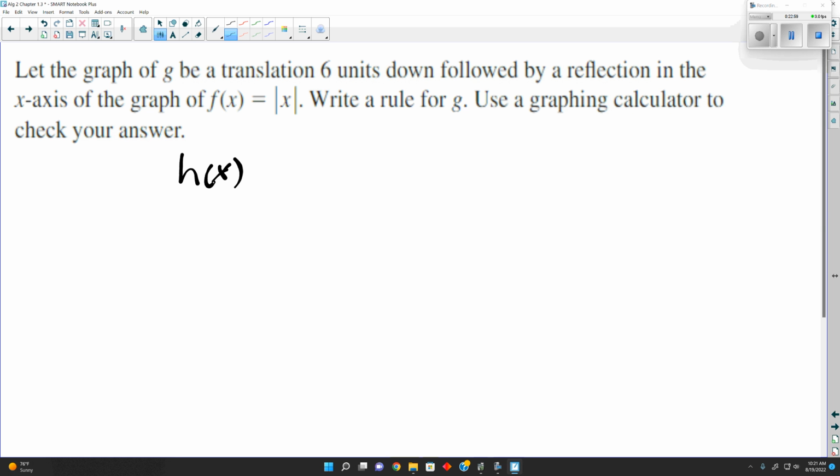Now, since we're talking about a translation of 6 units down first, we're saying that this is equal to, in the general form, f of x plus k, where k is our translation up or down.